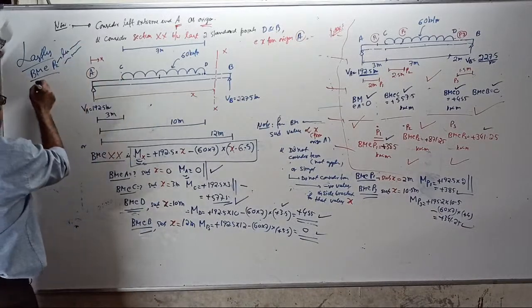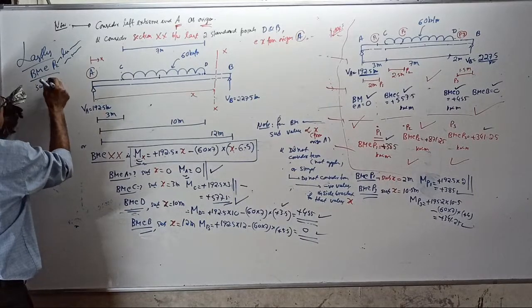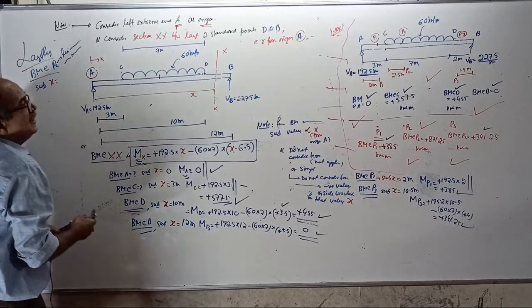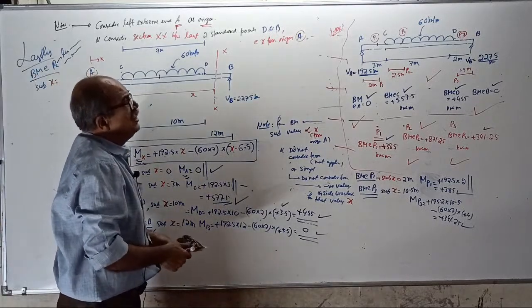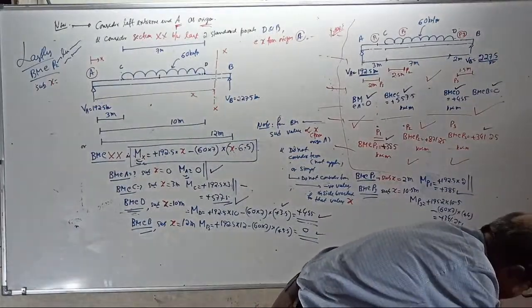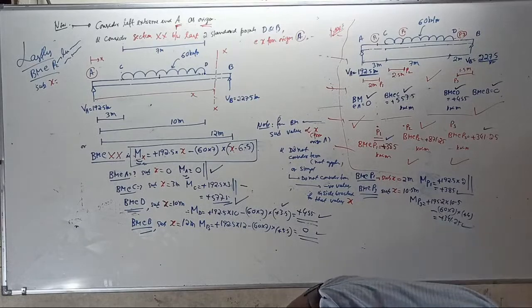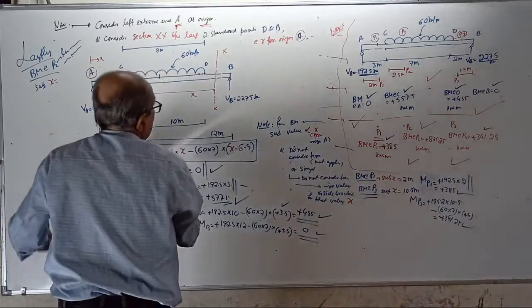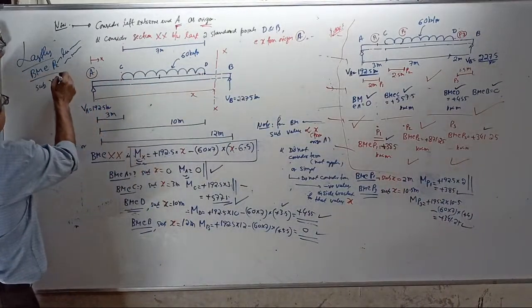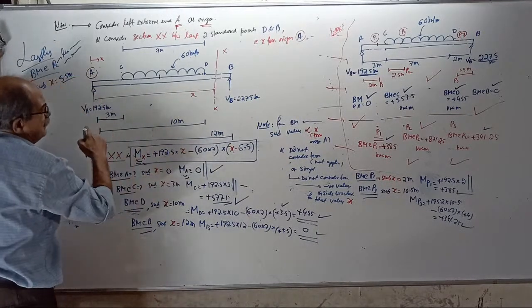To get BM at P2, substitute x equal to 5.5 meter.